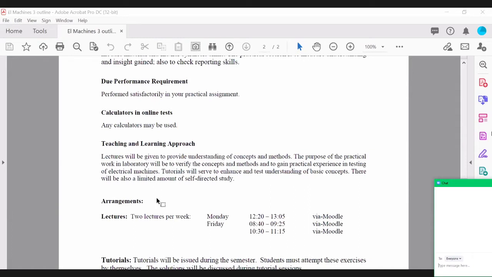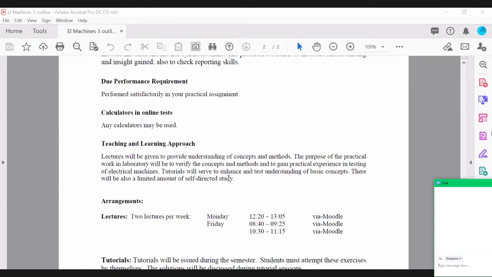That's your Monday session. The lectures will be given to provide you with concepts and methods. And obviously, we have replaced the practical for now with a practical assignment, because we're not running practicals during this current period.